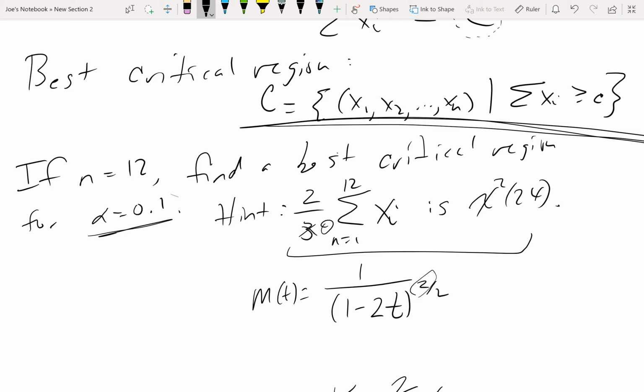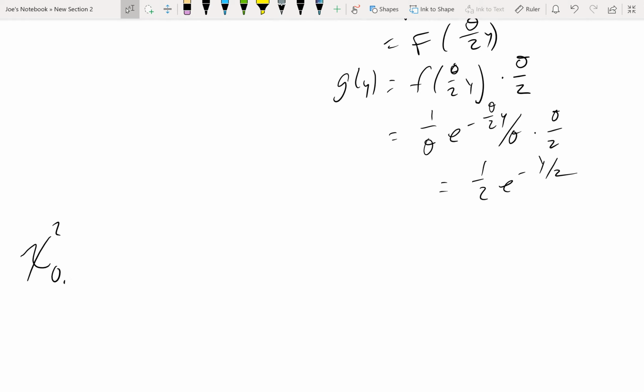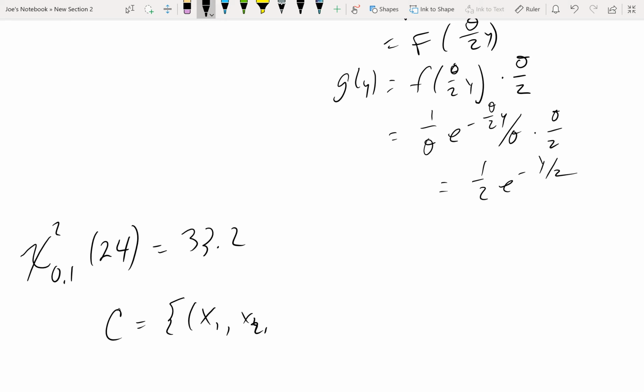So if you go to your chi-squared table and look at chi-squared sub 0.1 on 24 degrees of freedom, it is 33.2. So this will be your rejection region, such that the sum of your x's is greater than or equal to 33.2.